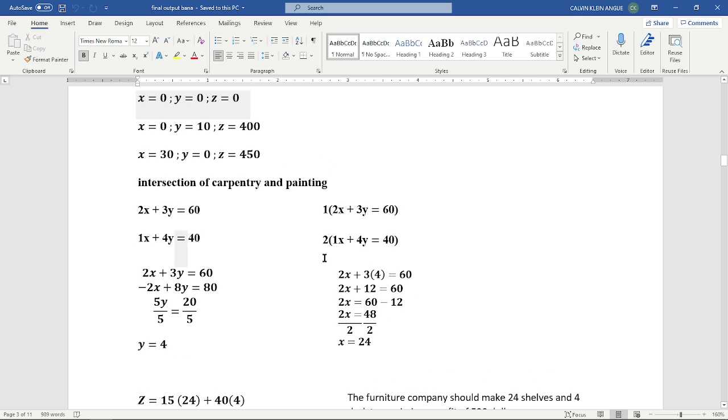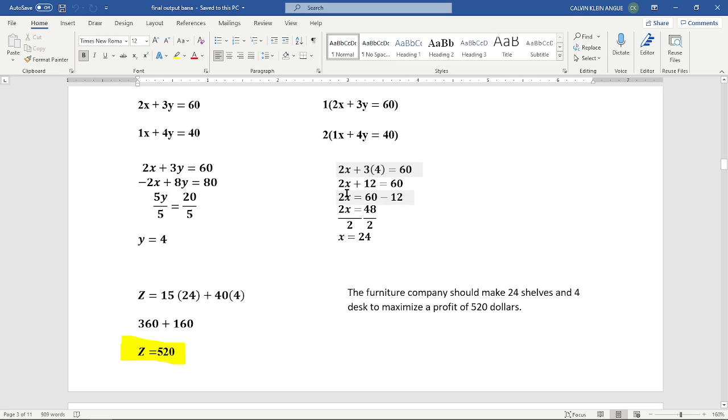Then you substitute your 4 into the first constraint. Then 2x plus 3 times 4 equals 60. Then the answer will be 2x plus 12 equals 60, and you transpose your 12 here. So you will get 60 minus 12 equals 48. Then you divide it, and your x will be 24.